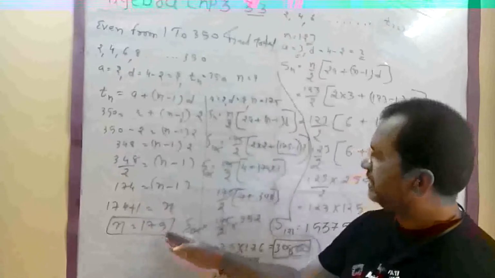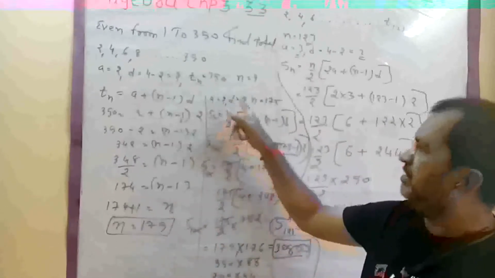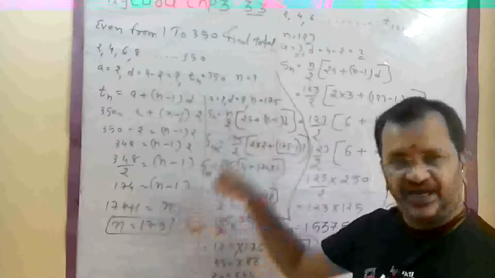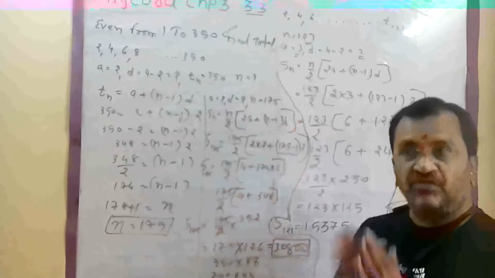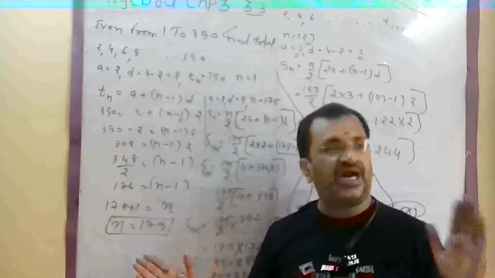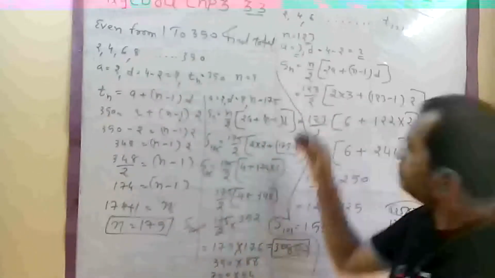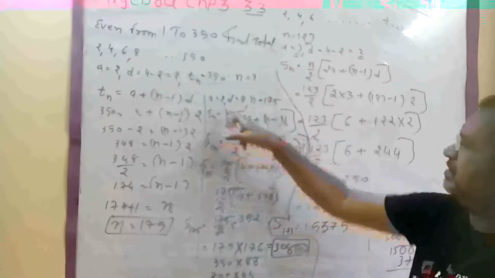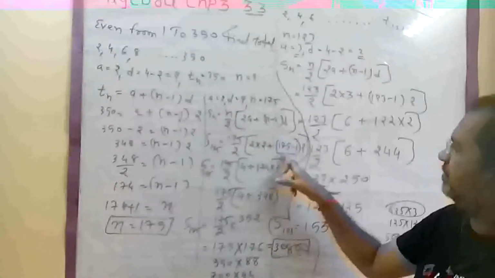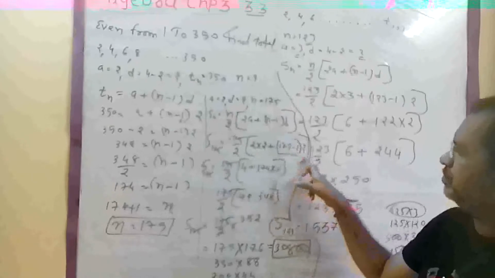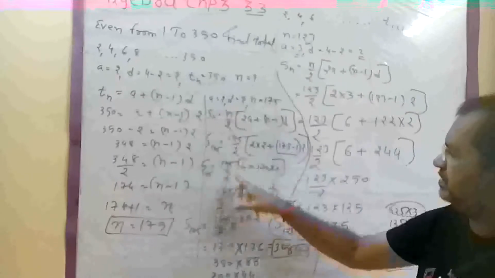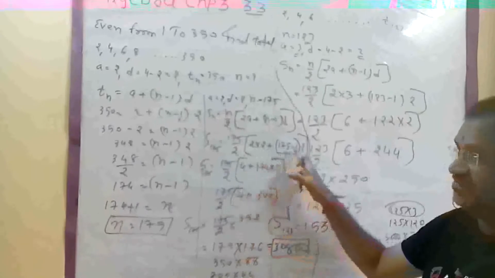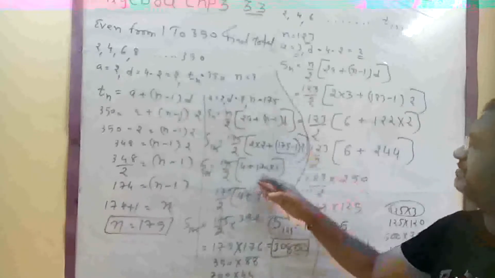Now we have A, we have D, we have n. We got n from 350 half, or half even. So A is 2, n is 175, D is 2. 175 carry, I have 2 three times; 2 into 174, 5 minus 1 is 174.